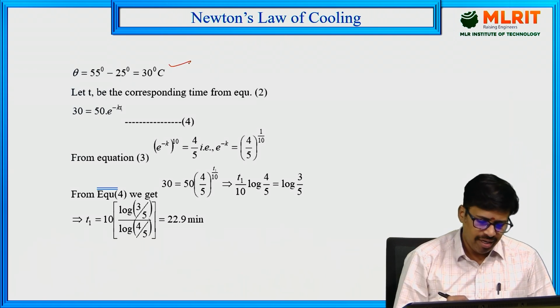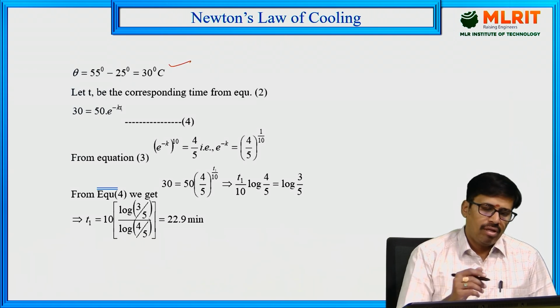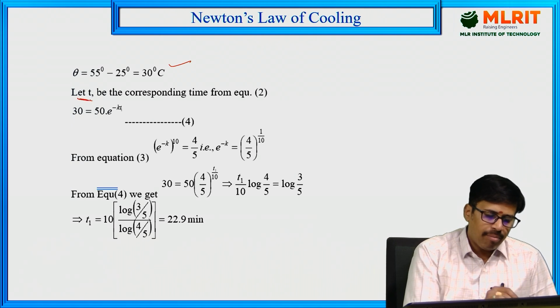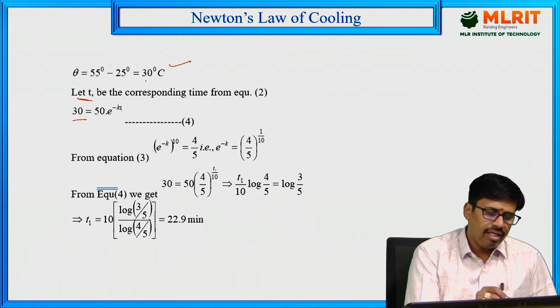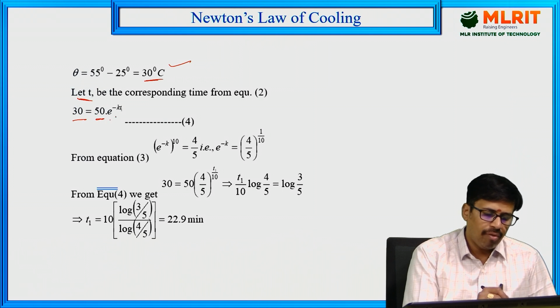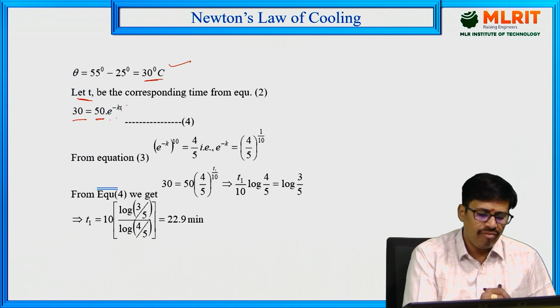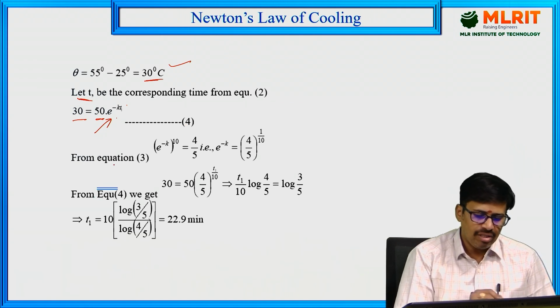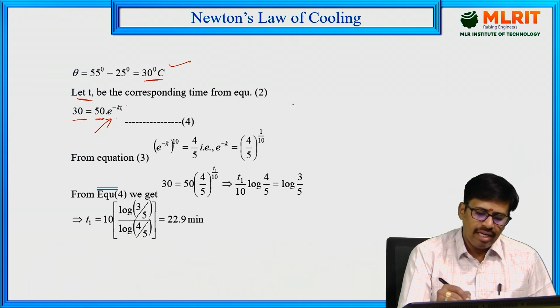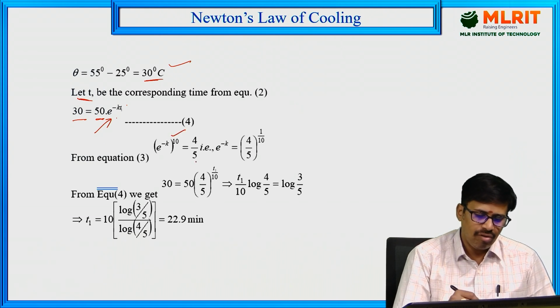Now let us find the time. Let t be the time required. So theta, that is 30 degrees, equals c into e power minus kt. C value is 50, so 50 into e power minus kt. Let this be equation 4. From equation 3, e power minus 10k can be written as e power minus k whole power 10, that is equal to 4 by 5.